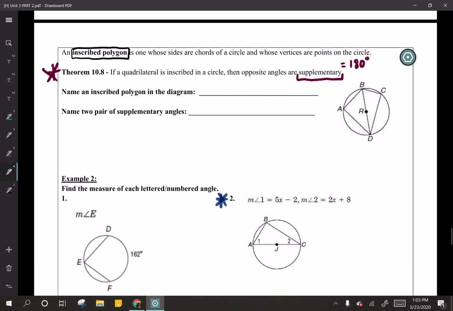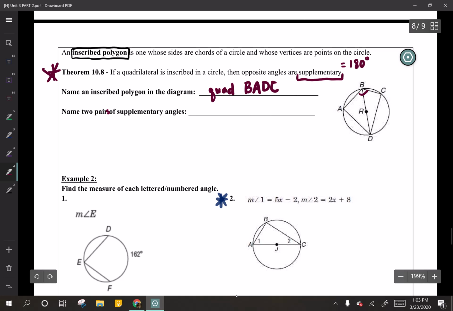So to warm up, it says name an inscribed polygon in the diagram. We have the definition up there. We could say it's quadrilateral BADC. And it says name 2 pairs, that's a typo, of supplementary angles. It's just the angles that are across from each other.